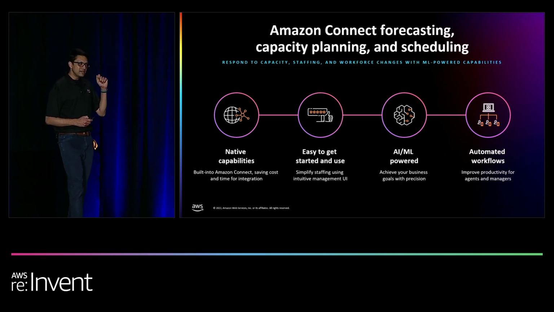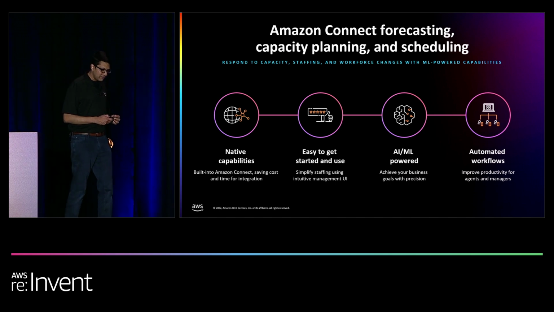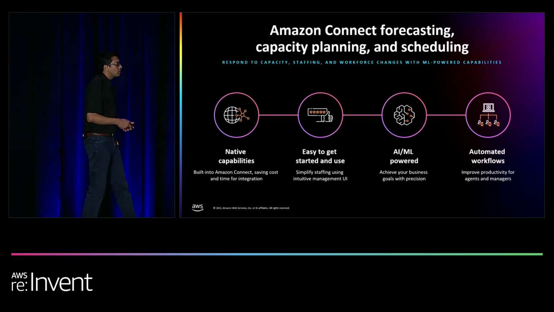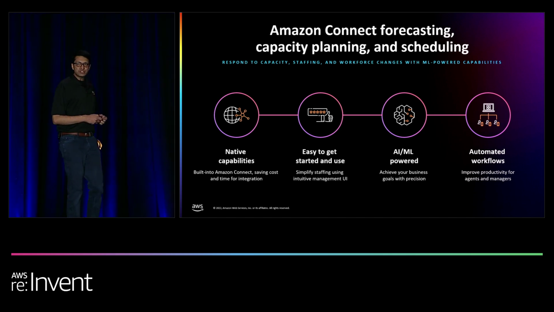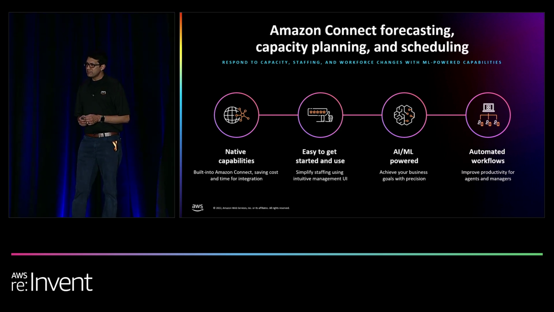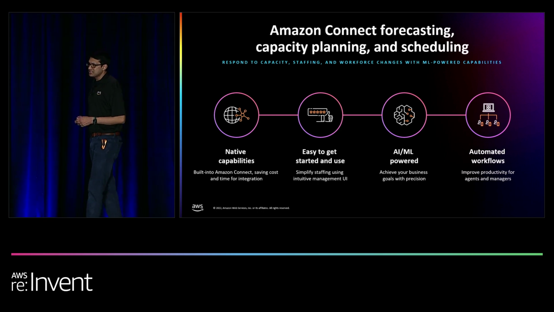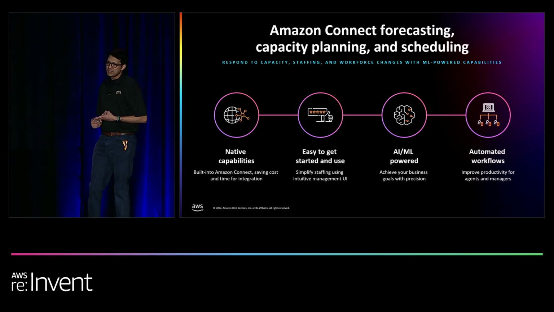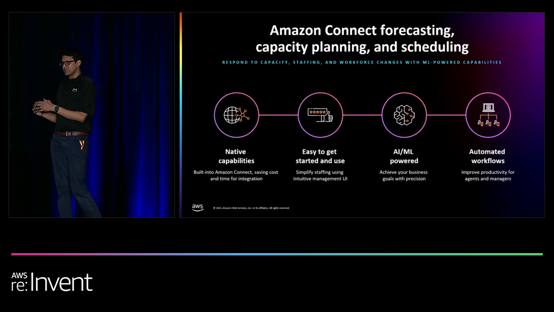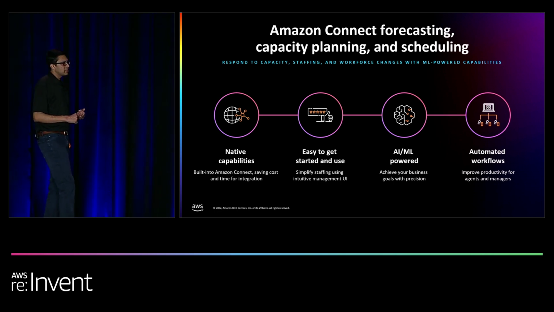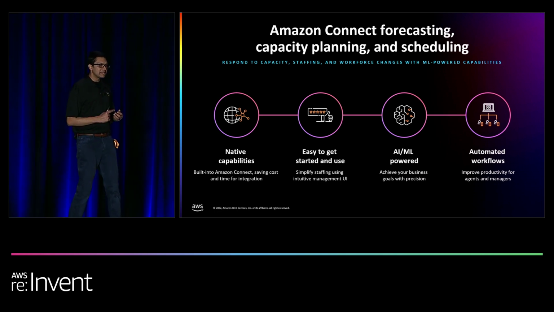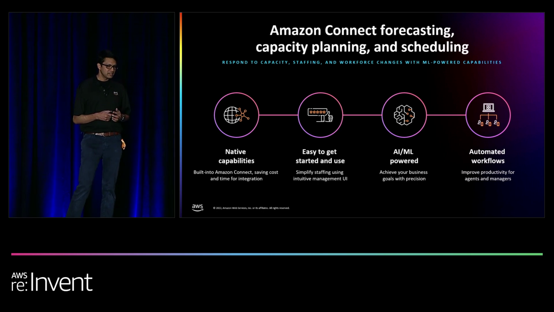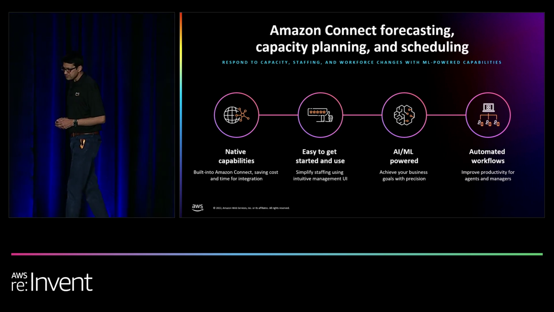That is the third value add that we have. And lastly, we added more automated workflows. Again, for the day 2 challenges I talked about, we need to make sure that supervisors and agents have the flexibility and automation that helps them focus on things that are important to us, serving the customers and looking at the performance of the agents rather than doing manual tasks repeatedly. So we've invested a lot in that as well.